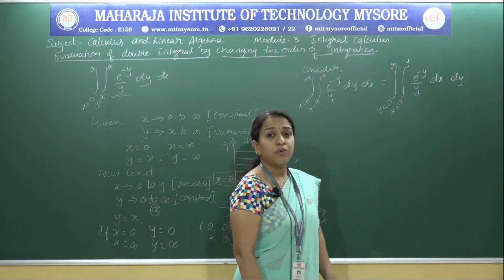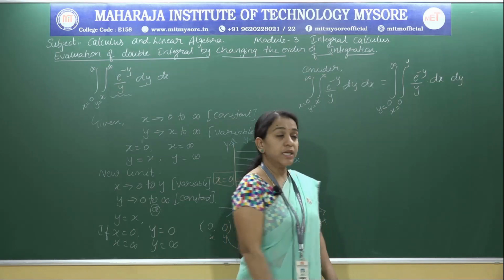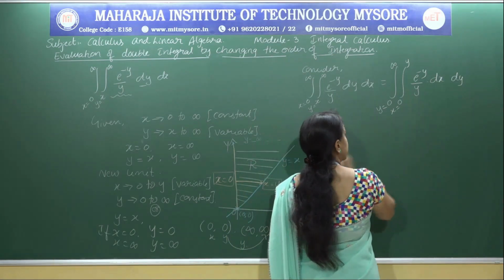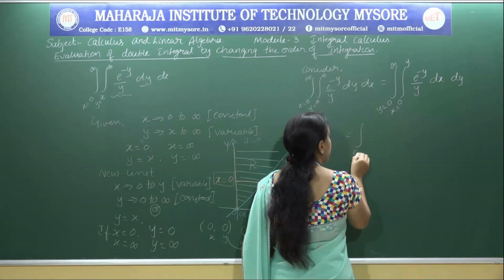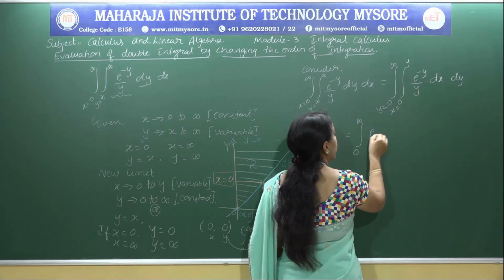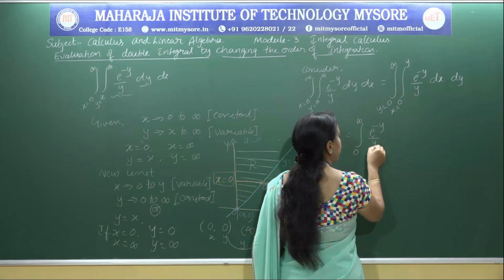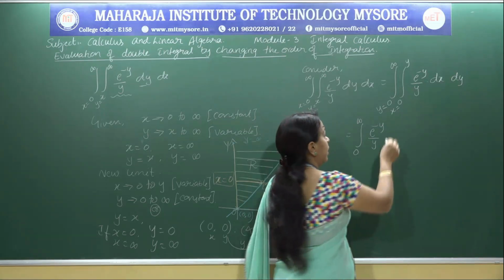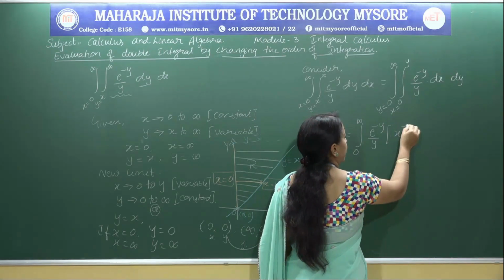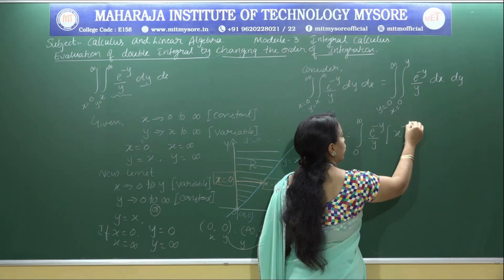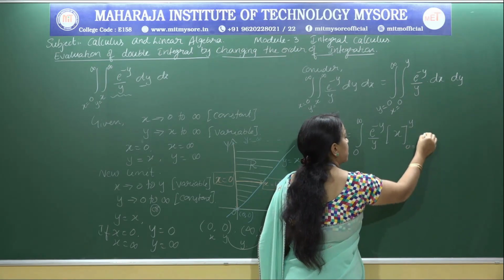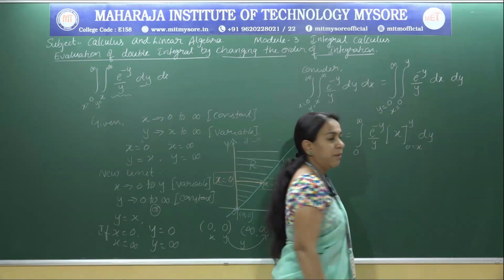Now, first we have to integrate with respect to x keeping y as a constant. So, that is the integral from 0 to infinity of e power minus y by y, where y is constant, and the integral of dx is x, between the limits 0 to y. So, your x varies between 0 to y.